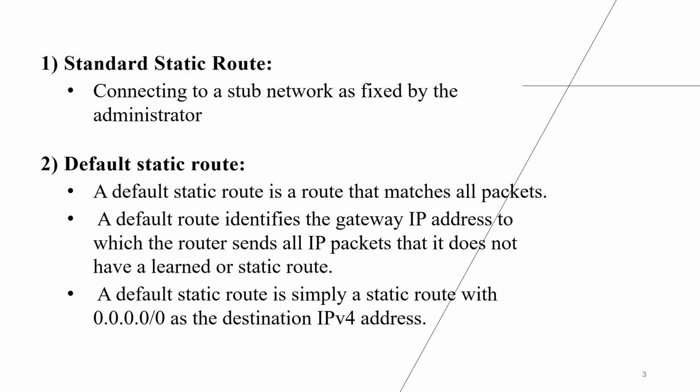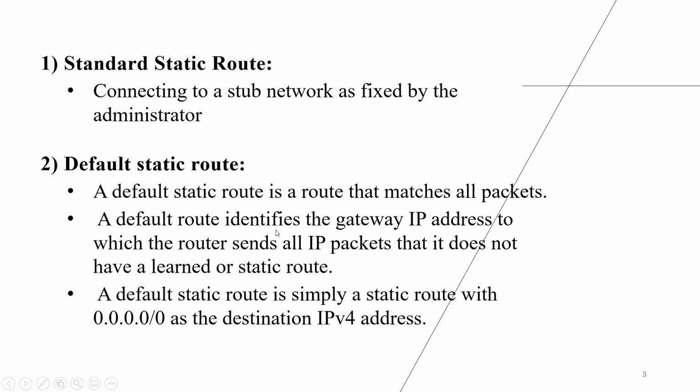What does a default static route mean? Suppose a packet is not finding a match for a particular path. By default, we forward the packet to some other interface. A default static route is a route that matches all the packets.